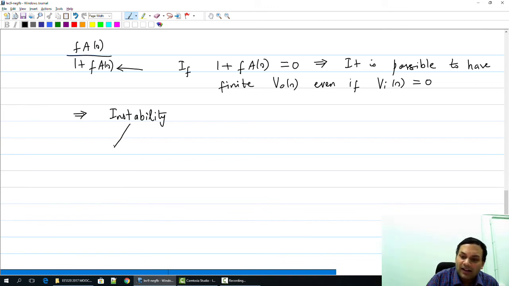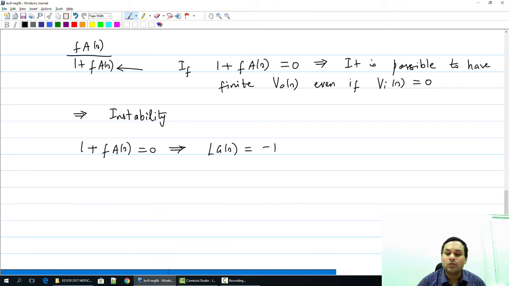We will write it in this form: 1 plus F times A of S is 0. We will rewrite it as F times A of S, or I'll just write it as loop gain of S, is equal to -1, and this has two portions, as you might imagine.